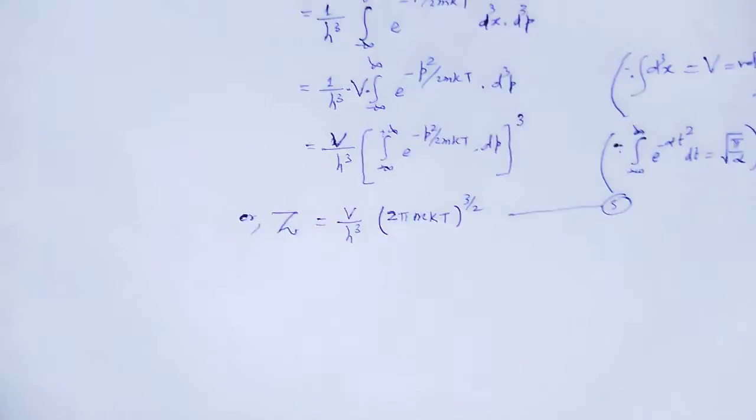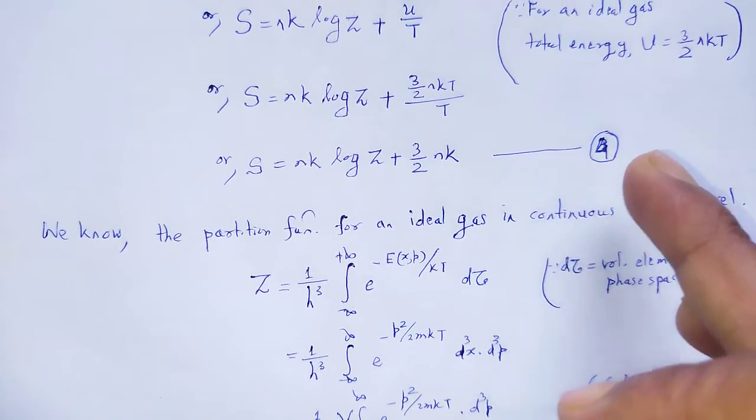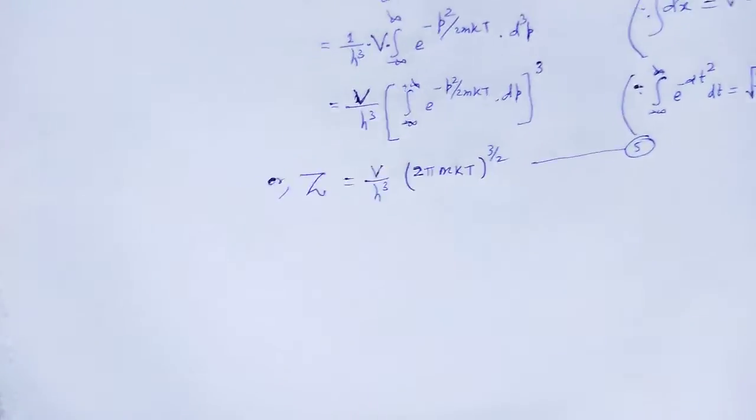Now by putting the value of Z in the expression number 4, we can obtain the entropy.